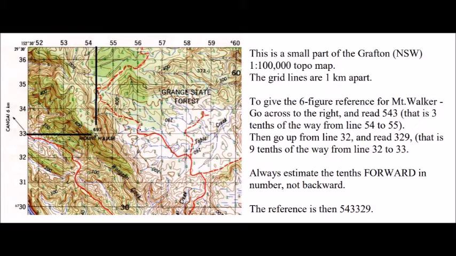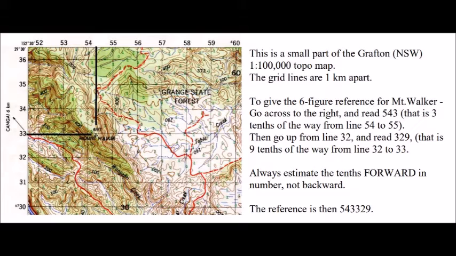The numbers on the top are called eastings, and the numbers on the side are called northings. Eastings and northings. In this particular example, they were giving a six-figure reference for a mountain, Mount Walker. You can see that it's a little bit past the 54 if you're going from left to right, and a little bit past the 33.